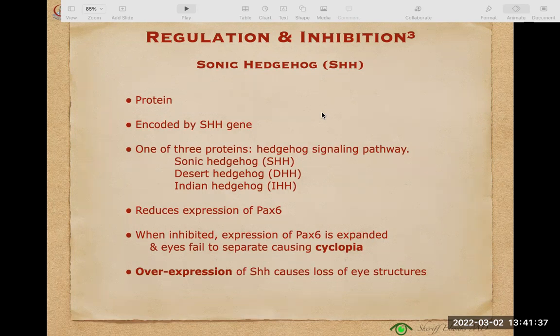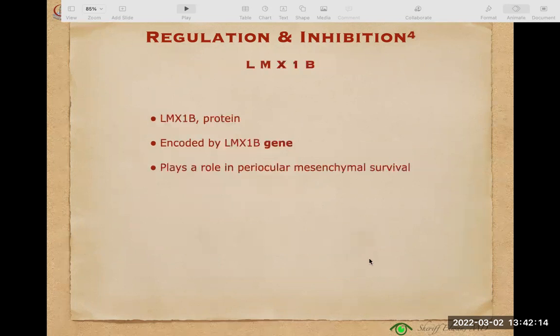That is, the two optic vesicles don't separate from the neural tube, but they develop, don't separate to the side, become just like one vesicle, and this leads to cyclopia. If it is overexpressed by itself, it leads to loss of eye structures. So every protein has got an optimum concentration that affects another protein, or by itself affects the development of tissues in a regular cascade. Subhanallah.